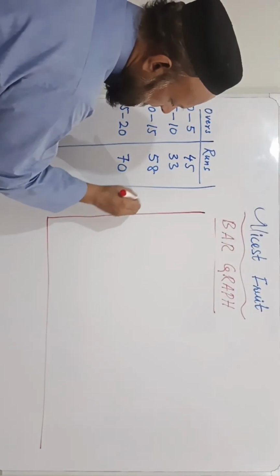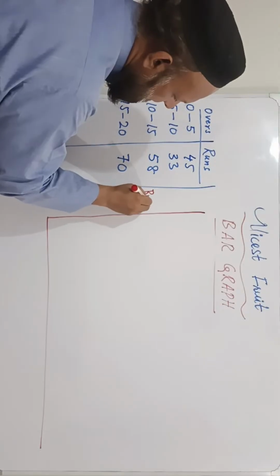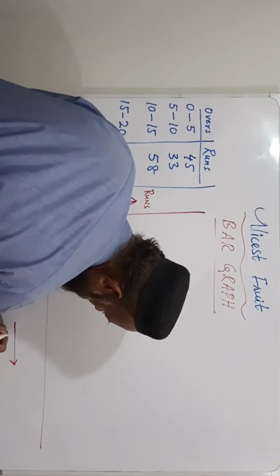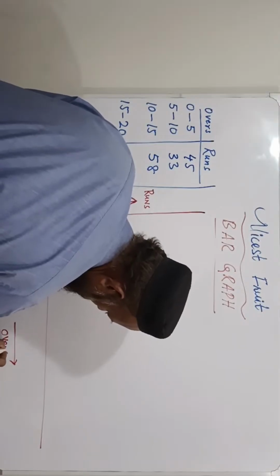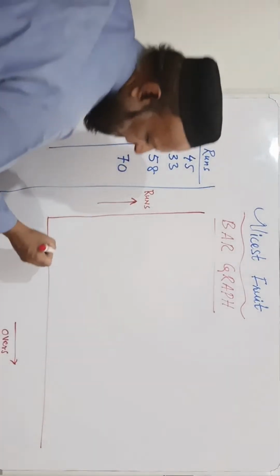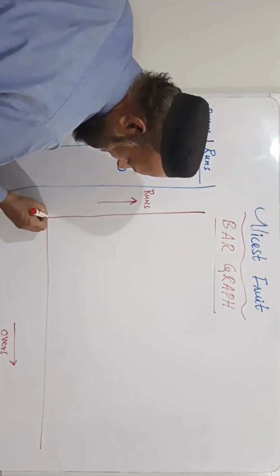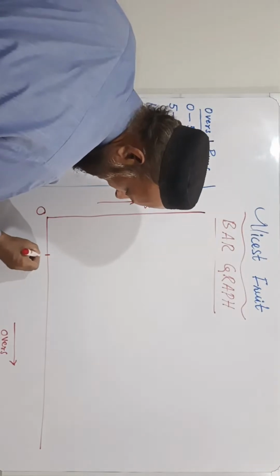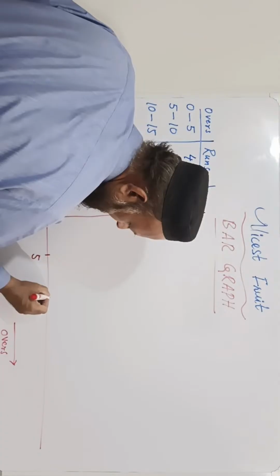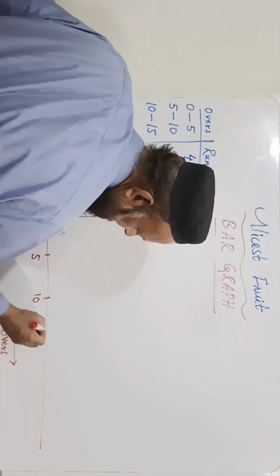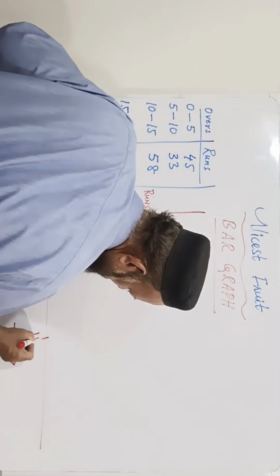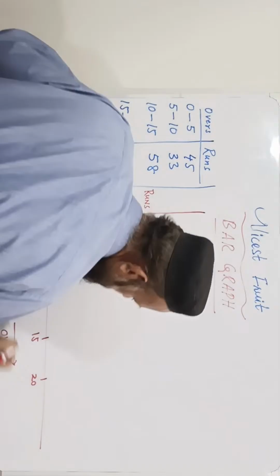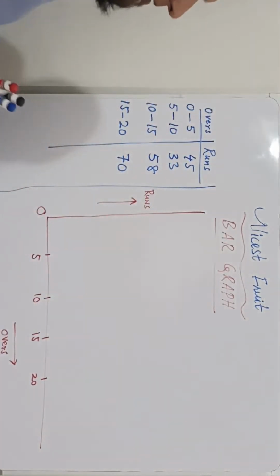This will show runs and this will show overs. First, this is the 0 point. Till this point, we have 5 overs, 10 overs, 15 overs, and 20 overs. These are our overs, okay?